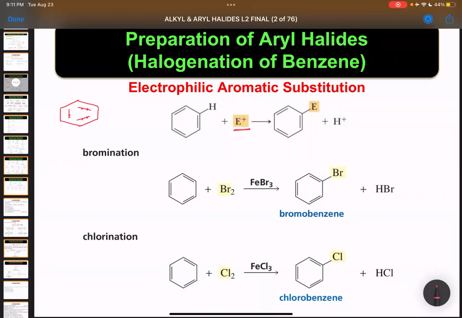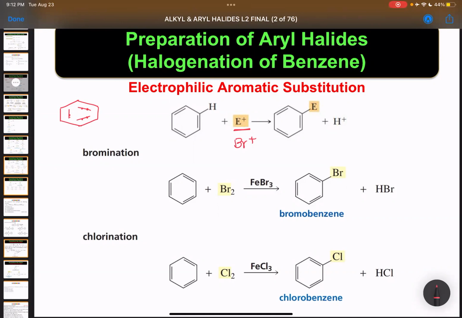Suppose you want to attach a bromine, you need to take Br plus, because bromine can be obtained in the form of a Br radical, Br minus, or Br plus. It depends upon how you treat bromine.